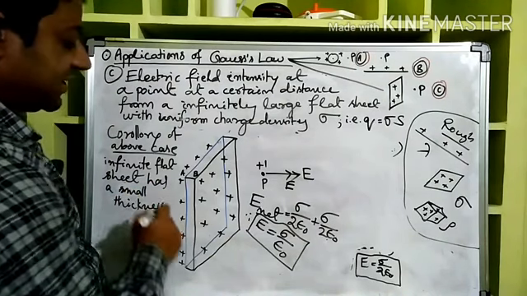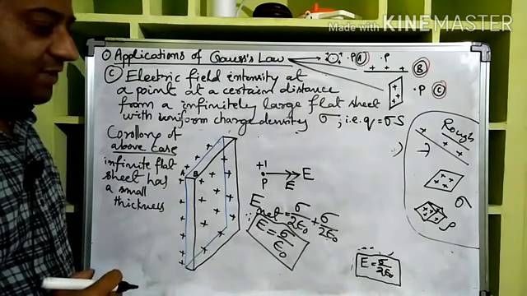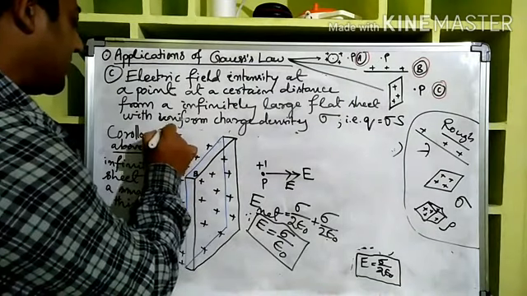If it is a small thickness, then E is equal to sigma by epsilon naught. This is corollary 1.